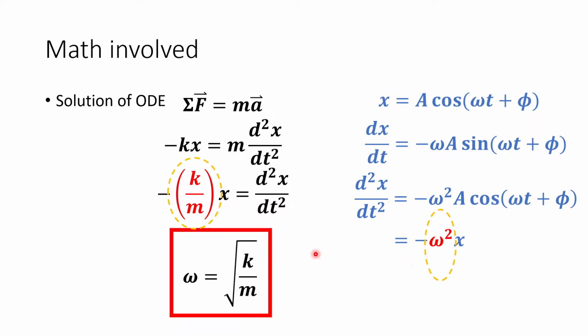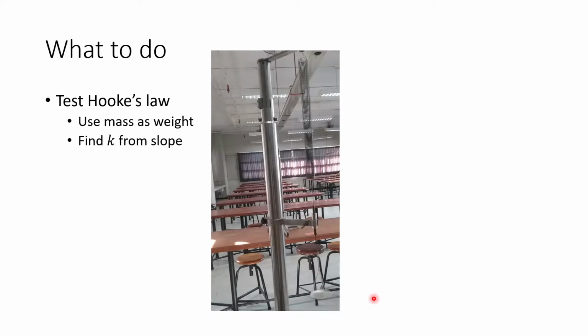So you come to the conclusion that omega equals the square root of k over m, which is the equation that you learn in the lecture. The omega is called the angular frequency. It means how many angles of rotation the simple harmonic motion goes through, in radians per second. From this information, you can start working on the lab.